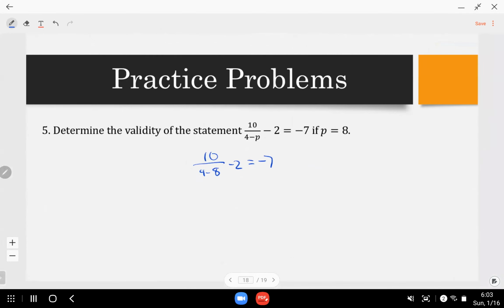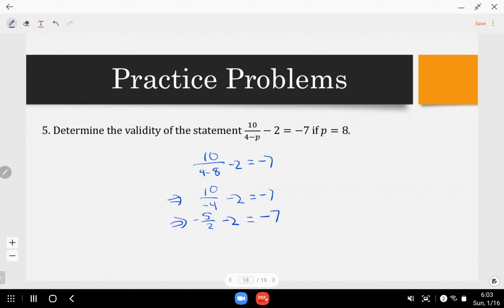So let's see. It would be 10 over -4. Okay, and if we want to simplify, let's simplify actually. So it's going to be -5 over 2 minus 2 is equal to -7.